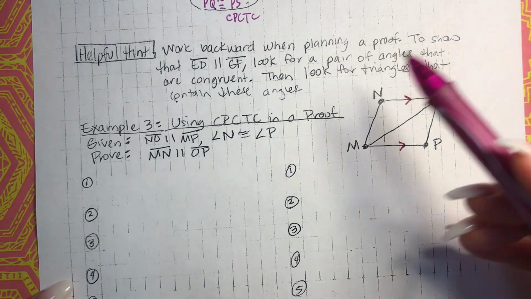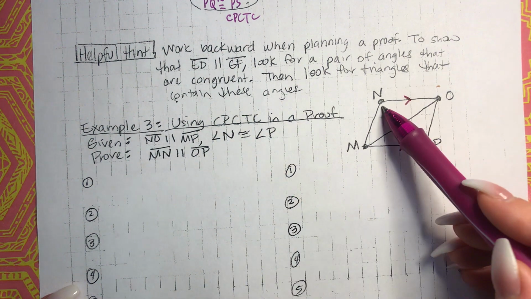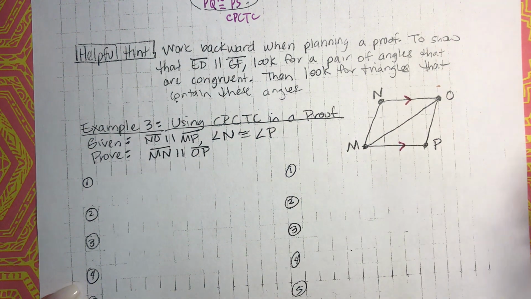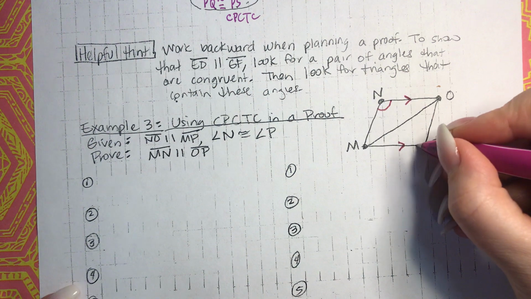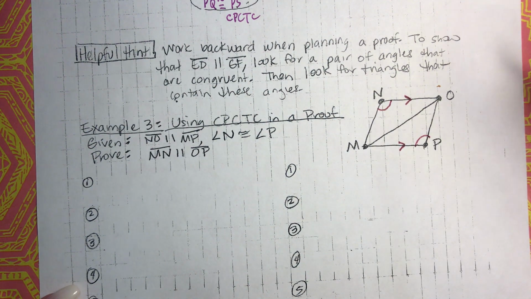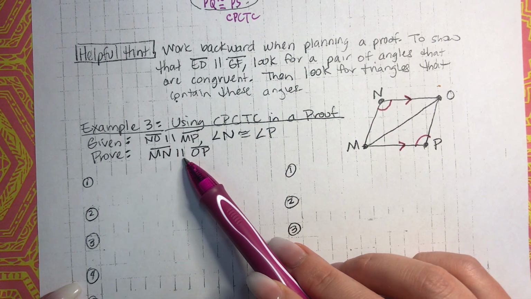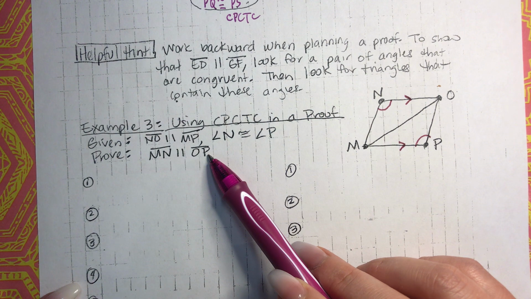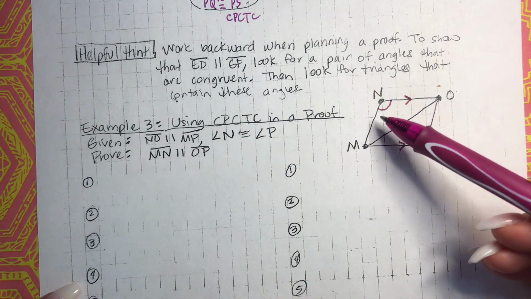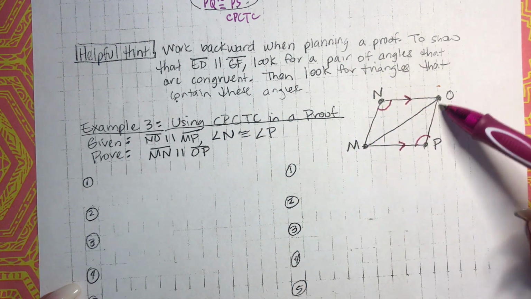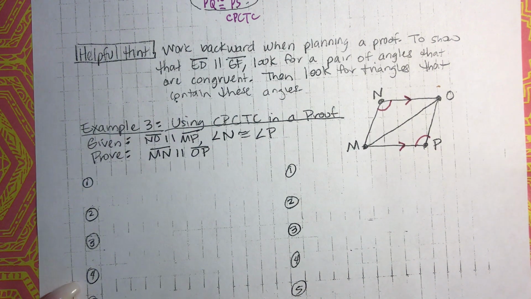What else? It says angle N is congruent to angle P. That's another given piece of information. All right, so what are we supposed to prove? We're supposed to prove that MN is parallel to OP. We need to prove that these two lines are parallel.